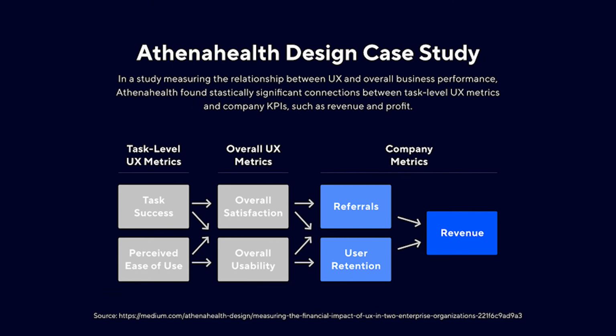So this is a case study that Athenahealth performed. They're obviously a healthcare company in the United States, and they were measuring the relationship between UX metrics and overall business performance. They found a statistically significant connection between task-level UX metrics, such as performing a task successfully or perceived ease of use, relating that to overall UX metrics, so overall satisfaction with user experience and overall usability, and then that leading to referrals, user retention, and revenue.